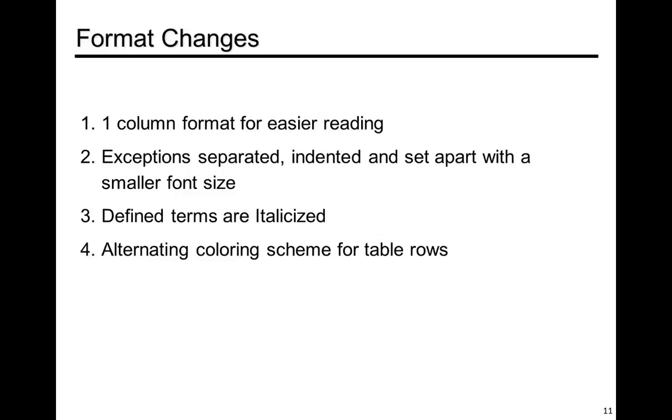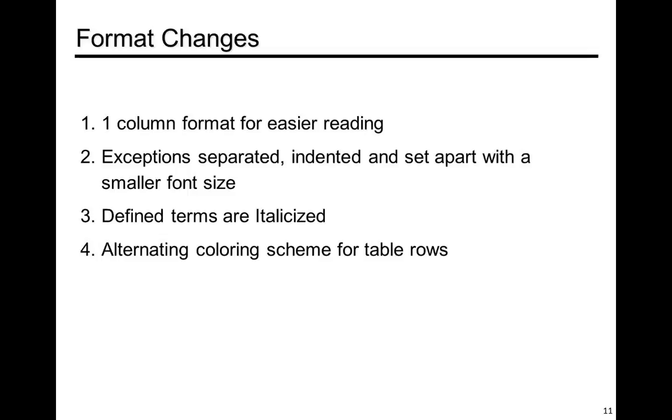Moving to the format changes, we have now created a one-column format. We believe this is going to be easier reading. We believe it's going to be easier to put in binders because there are more open white spaces. The exceptions are clearly separated and indented and set apart with a smaller font size.